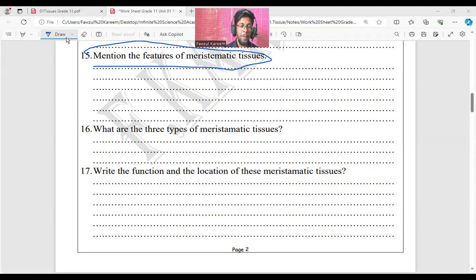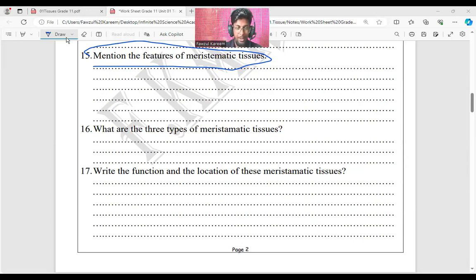No intercellular spaces. Okay, and the second one? Absence of mitochondria. Oh, not absence of mitochondria. Absence of chloroplast.